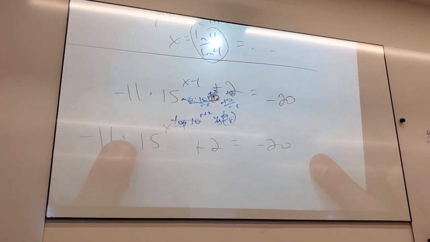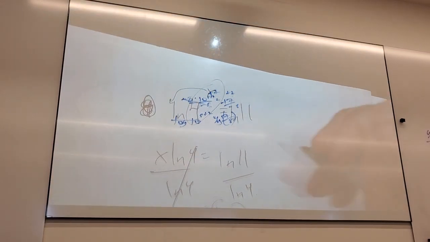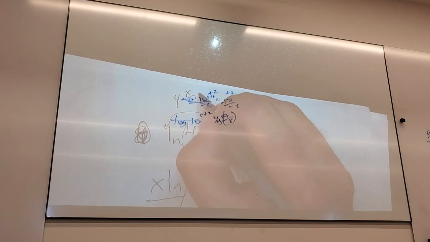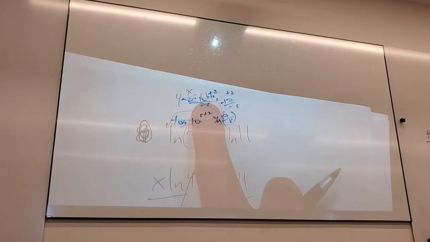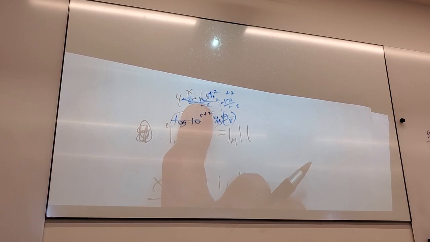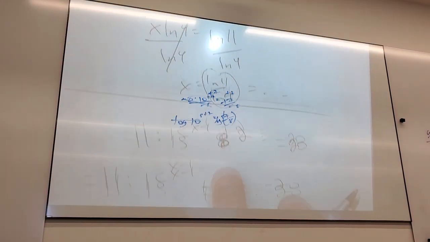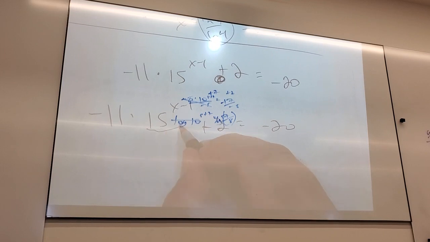Now, that is much worse than this was. This one started off as 4 to the x equals 11. Why was that so easy? Because my variable piece is by itself. I can attack it directly. Here, there's what my variable really is, right?